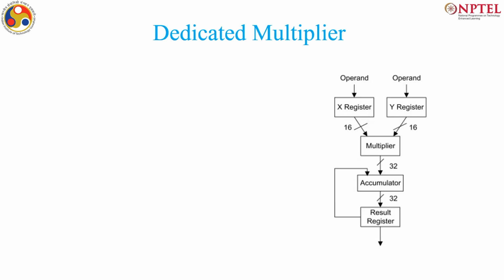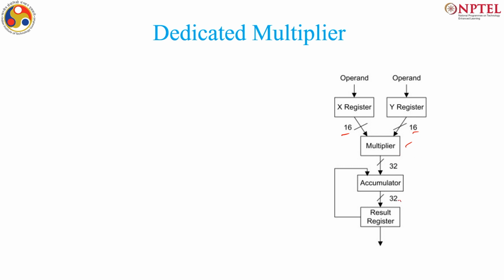The next is the dedicated multiplier. Now of course you know what multiplication is. You studied in your very young days, or childhood days, that multiplication is repeated addition. Like if I want to multiply 16 and 16, I add them 16 times, right?